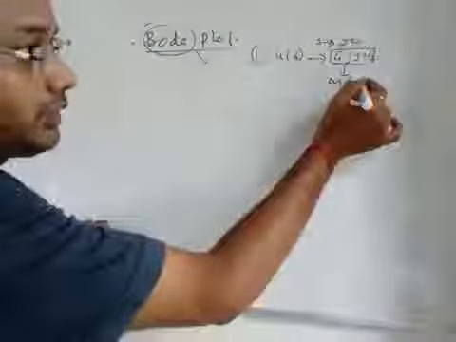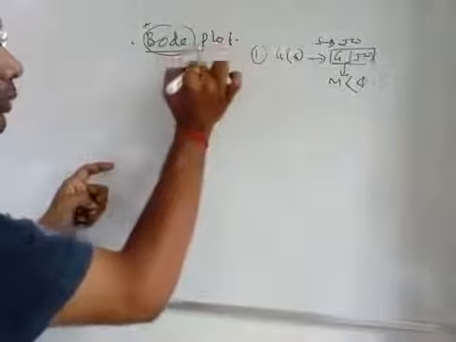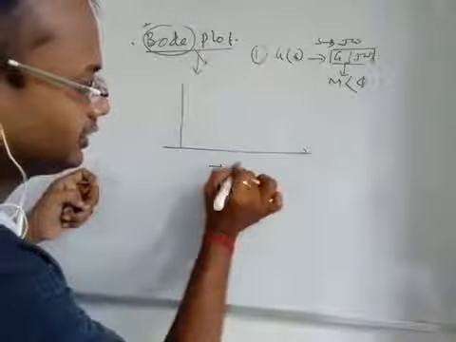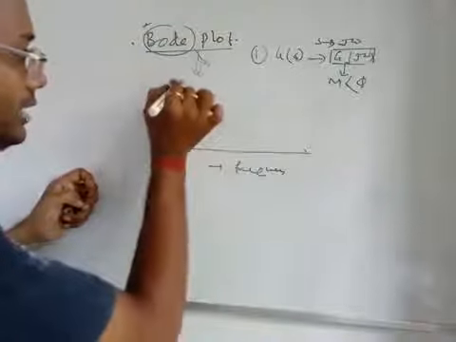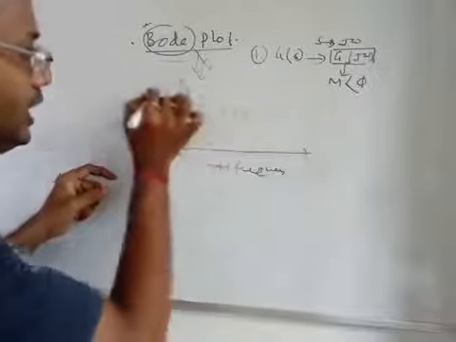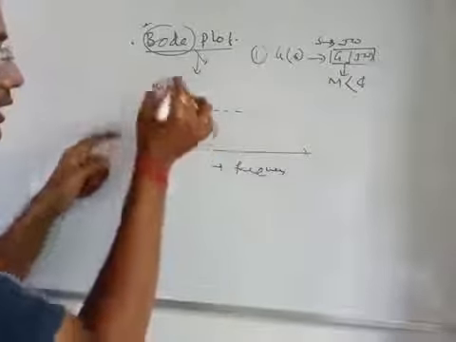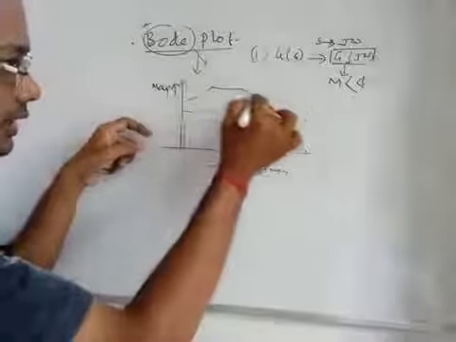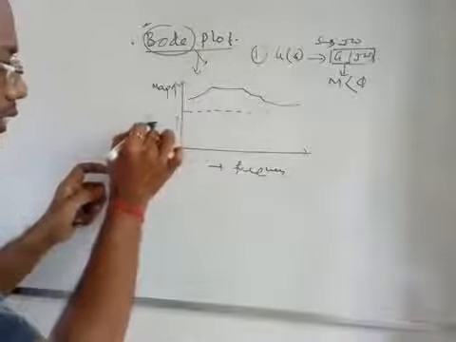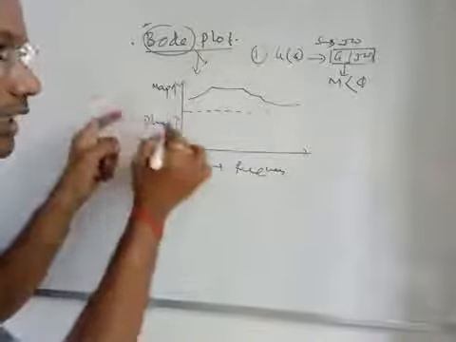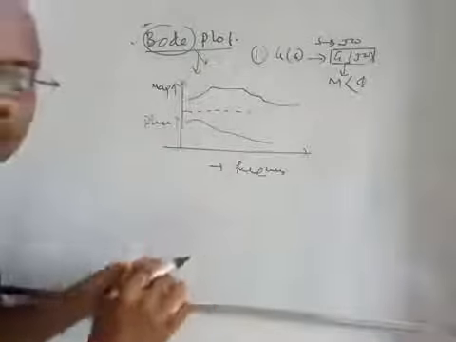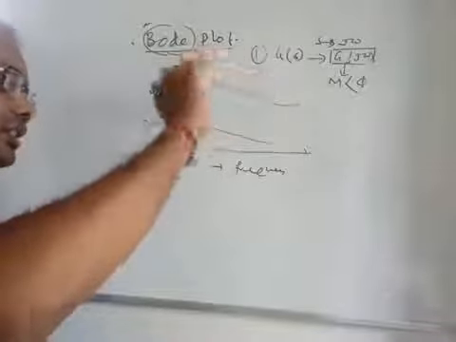And for the variations of this magnitude and phase, in the Bode plot we will get a graph like this. So this is your frequency, and in the same graph, I repeat, in the same graph, in the upper section we will vary the frequency and check the magnitude response characteristics, and in the next part, with the change of frequency, we will observe the corresponding change of phase, right?